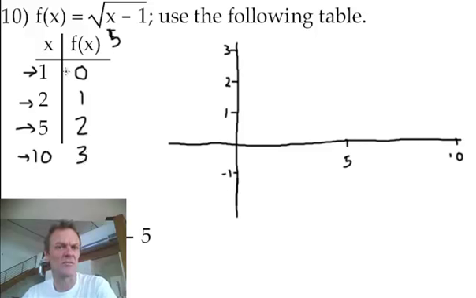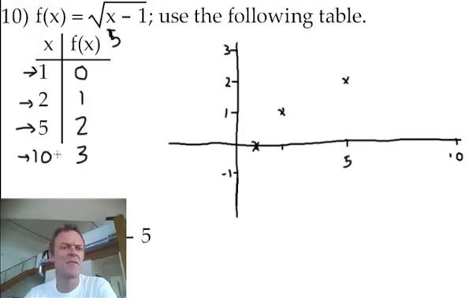So I'm plotting all these. When x is 1, about here, y is 0. No up and down. When x is 2, y is 1, so I'll put that like that. When x is 5, way over here, y is 2, so I'll put it about there.